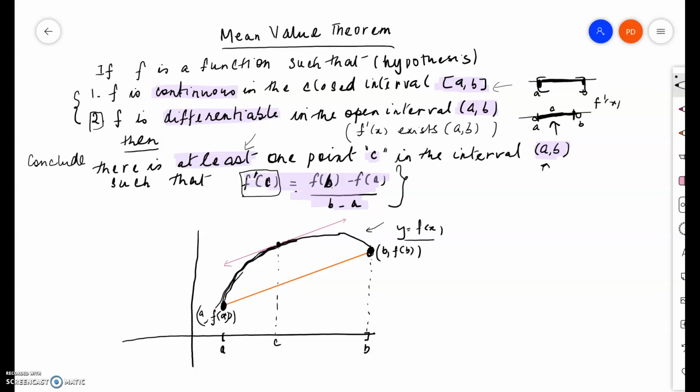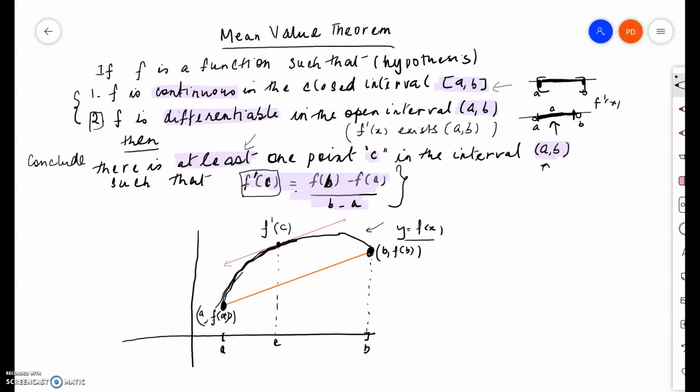So if the two conditions of the mean value theorem are satisfied, then we can conclude that there is at least one point within the interval. And in this case, you can see that there is a point c at which we draw the tangent line to the curve, and the slope of the tangent line is, by definition, the derivative of the function at that point, which is f prime of c.